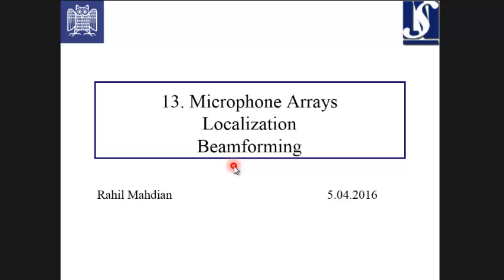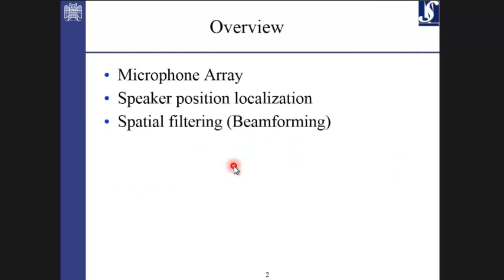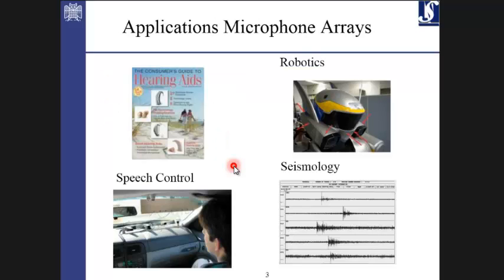So topics that we will encounter and you will see in the literature, they are mostly with these keywords of microphone array, localization, and beamforming, and we're going to talk about these concepts in this lecture today. So the beamforming or spatial filtering, that's another name that we may encounter. There are a lot of applications for the microphone arrays, and the same way we can find the same applications for the radar.